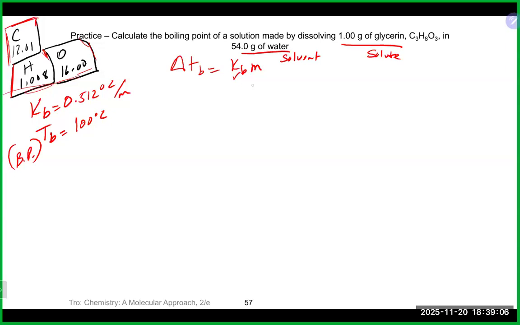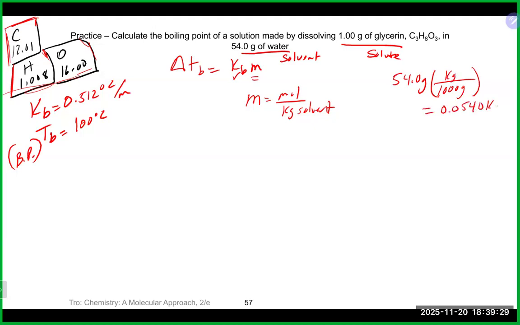We obviously have the Kb. We do need to calculate our molality in this case. Our molality is moles of solute over kilograms of solvent. Our solvent is 54 grams. Converting that into kilograms gives us 0.0540 kilograms of water, which is our solvent.